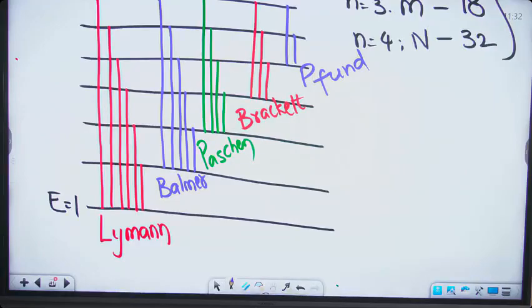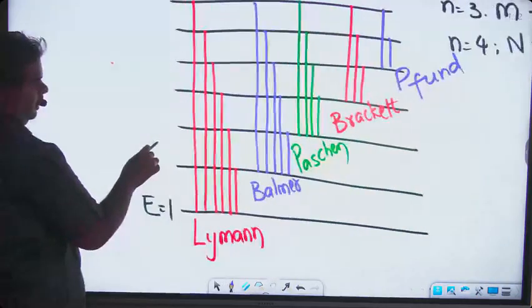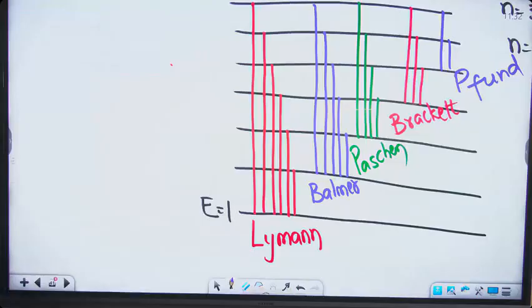Done? Sure. Now these particular spectral lines, whenever you place an atom in an electric field, all these spectral lines get split. Or when the atom is in the presence of a magnetic field, again they get split.